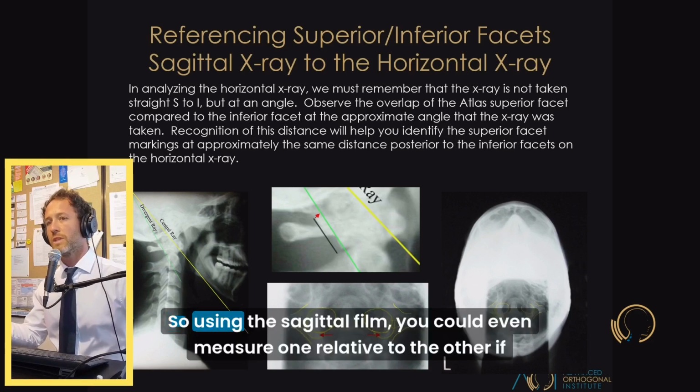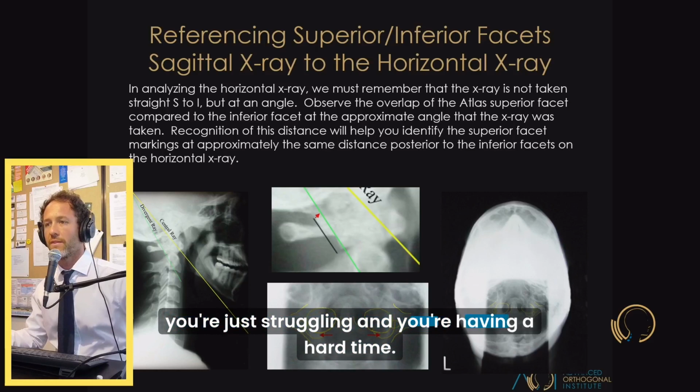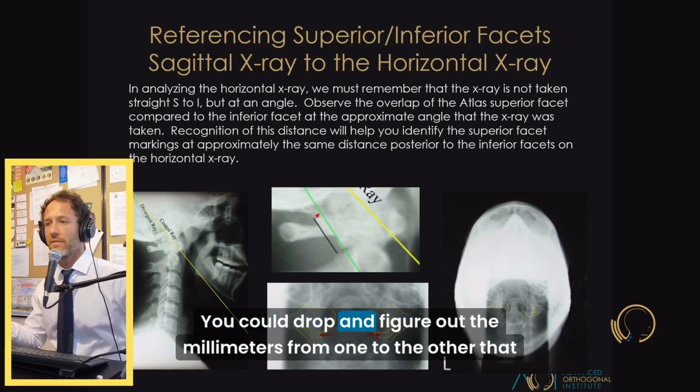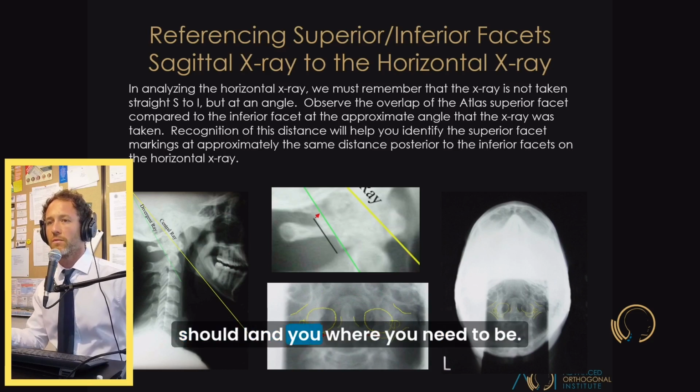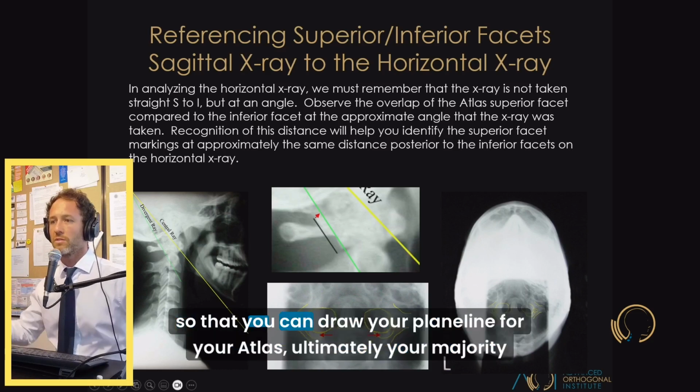So using the sagittal film, you could even measure one relative to the other. If you're just struggling and having a hard time, you could figure out the millimeters from one to the other that should land you where you need to be so that you can draw your plane line for your atlas.